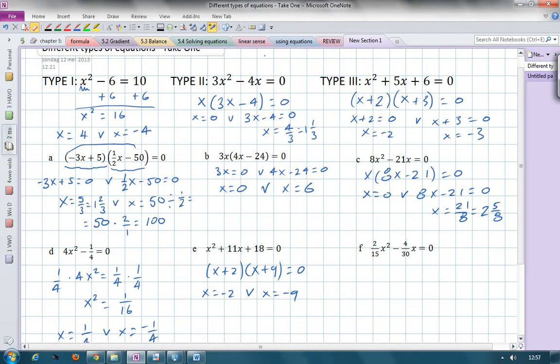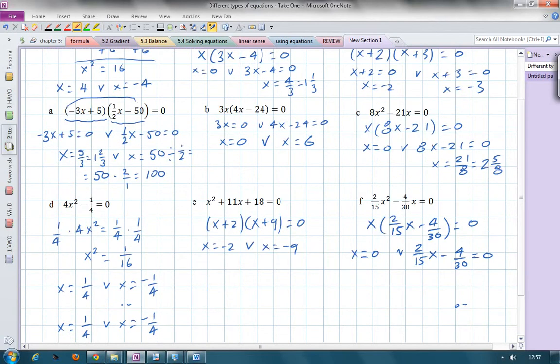So what I'll do is I've identified this as a type 2 equation. I'm factoring out the x. I'm saying 2/15 x minus 4/30 is equal to 0. I'm now saying I've got the product of two factors. One of them must be 0, so the x is 0, or the 2/15 x minus 4/30 is going to be equal to 0. I now isolate the x.